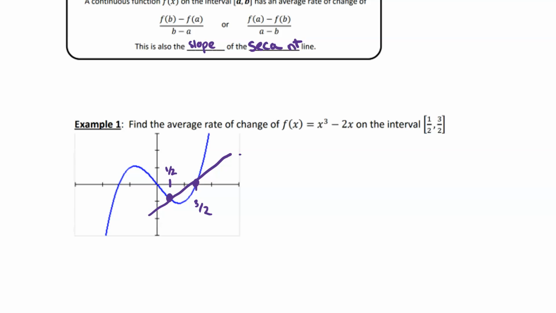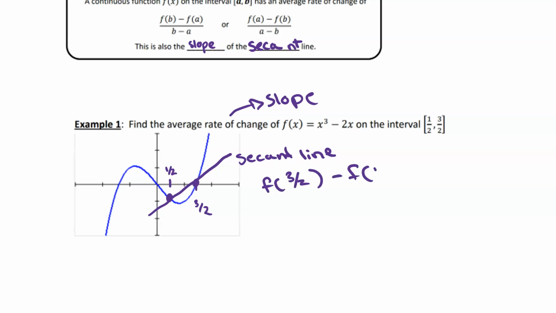Because it intersects our curve twice like that, that's called the secant line. And we're looking for the average rate of change, or the slope. So we're looking for f of 3/2 minus f of 1/2 divided by 3/2 minus 1/2.